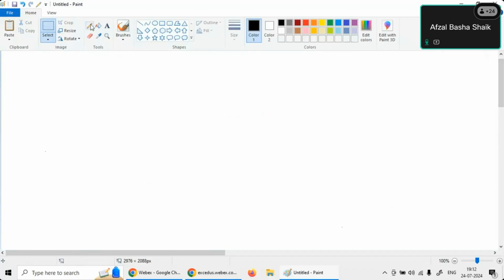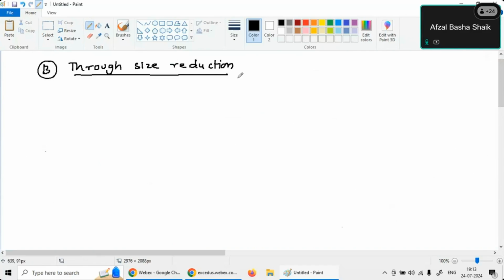And not only that, one is we formed a salt. You can also improve solubility through size reduction. Yes or no? This is less of chemical nature but more physical in nature, right?